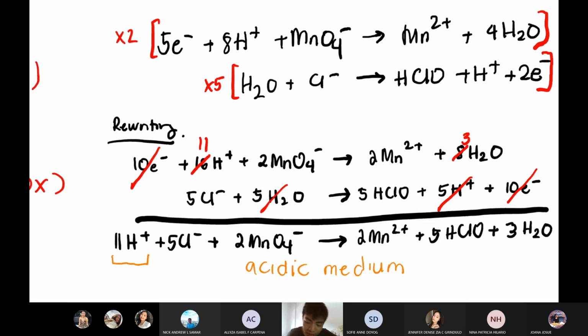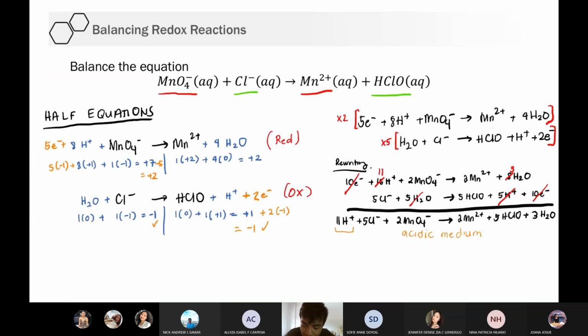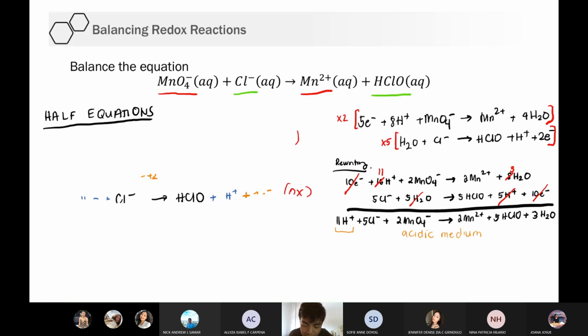Bakit? Pakita ko. Kopyahin ko muna yung equation kasi wala na tayong space dyan. Ang haba ng solution, no? Ganun talaga, kaya nga nakaka-enjoy ito eh. Kopyahin ko muna yung equation, 11 H+. Medyo malaki sulat ko.